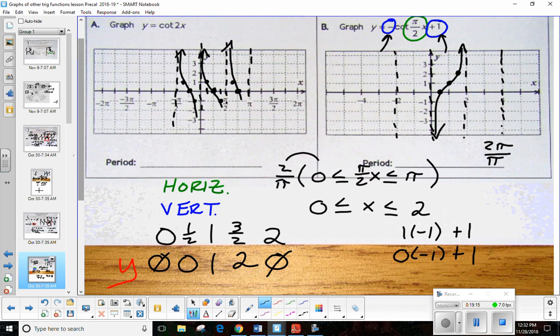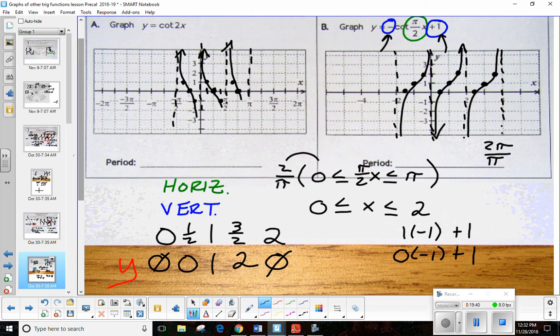Well, how am I going to draw the curve? Just follow the points. I know that halfway between, I got to go up 1. And then I got to go here and here. I'm just going to make the exact same pattern over and over again. Here, here, and here. There we go.